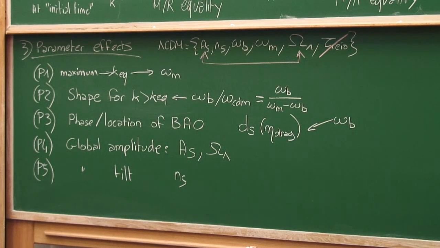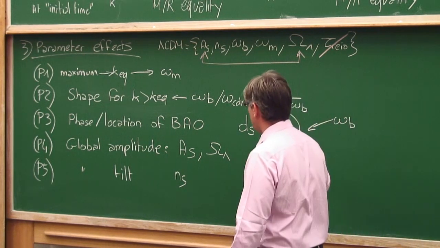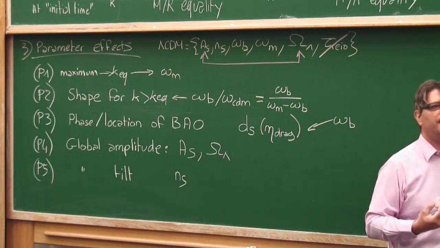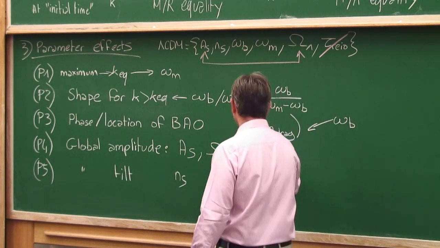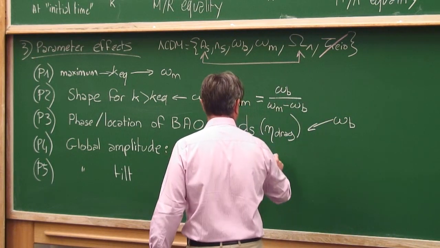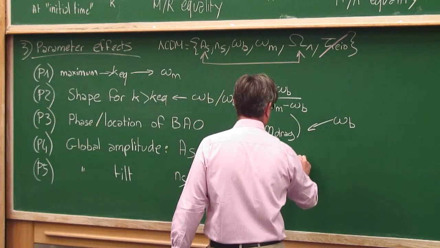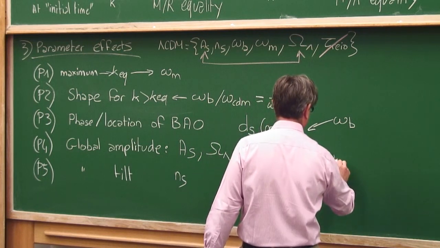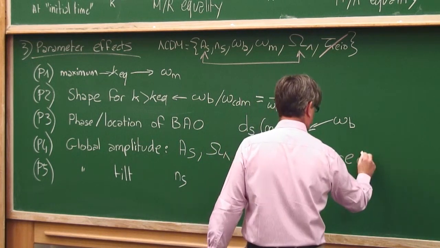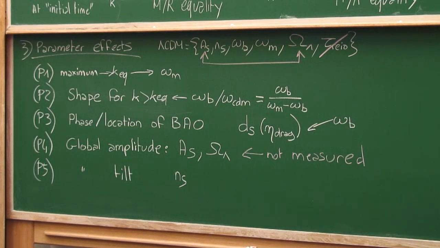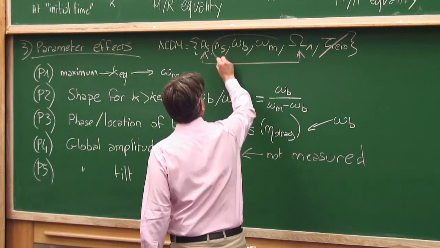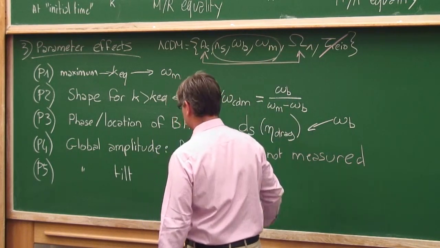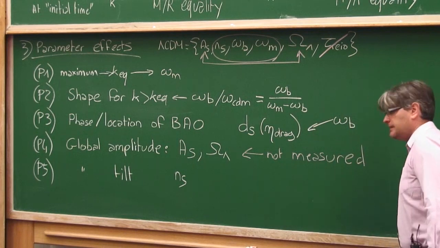And Shirley will show you that this gives P of k up to an unknown normalization factor called the light-to-mass bias. So it means that currently we don't measure accurately the global amplitude of the spectrum. So, in fact, we have 3 relevant parameters and 4 effects.